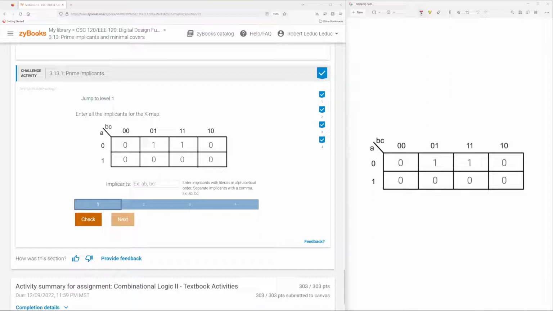So the first thing we should probably do is define what an implicant is. And basically, an implicant is a term that covers only the minterms in a function's onset.